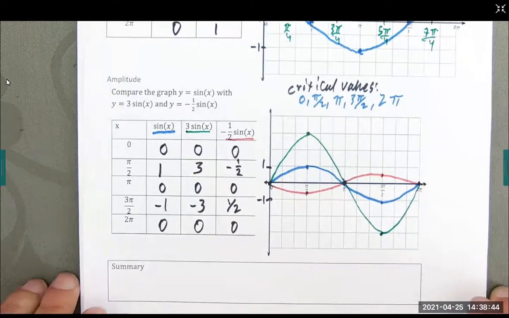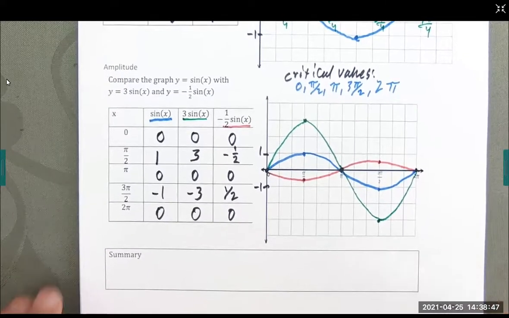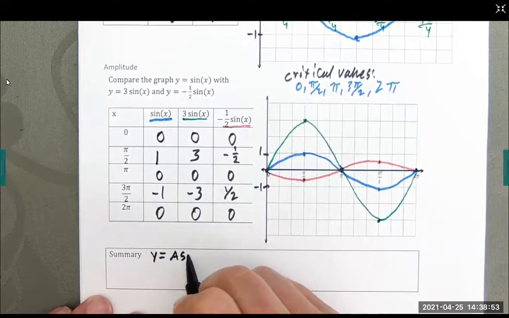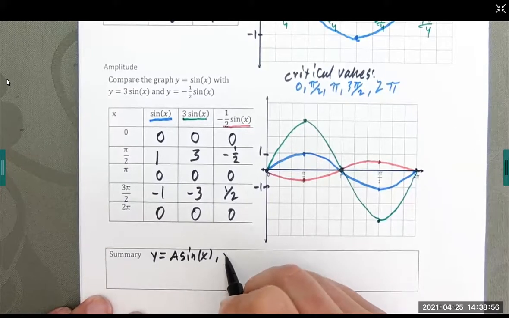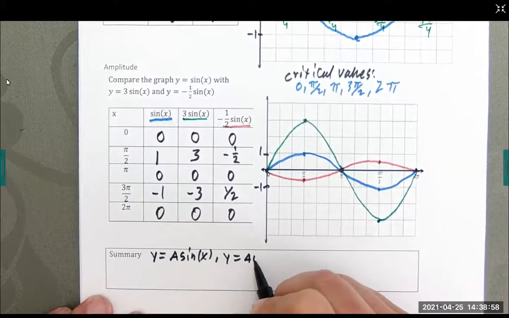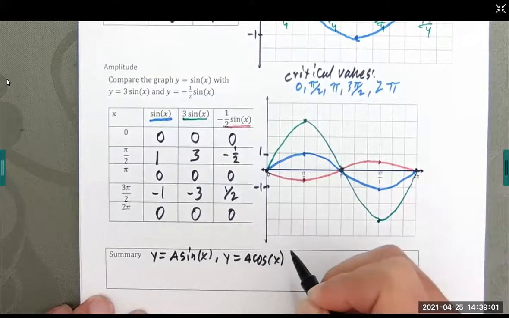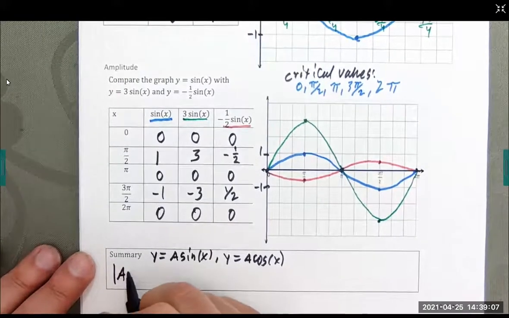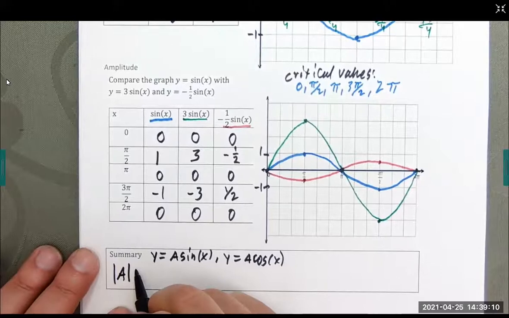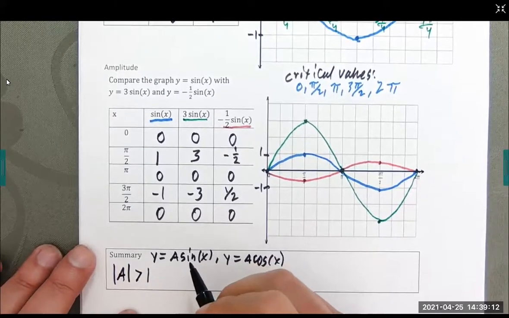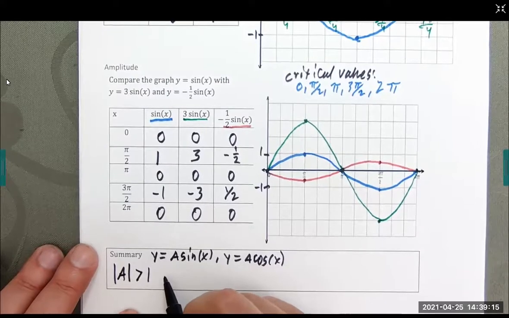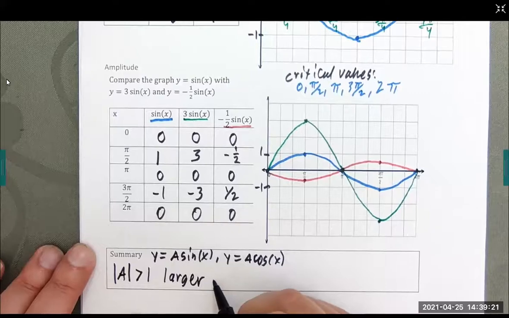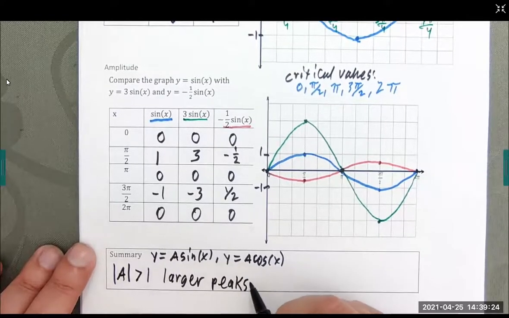And so what's our takeaway from this? Our summary: when we have the function y equals a sine of x, or the function y equals a cosine of x, if the absolute value of a, we only want the positive, is bigger than 1, then it is larger, with larger peaks and valleys.